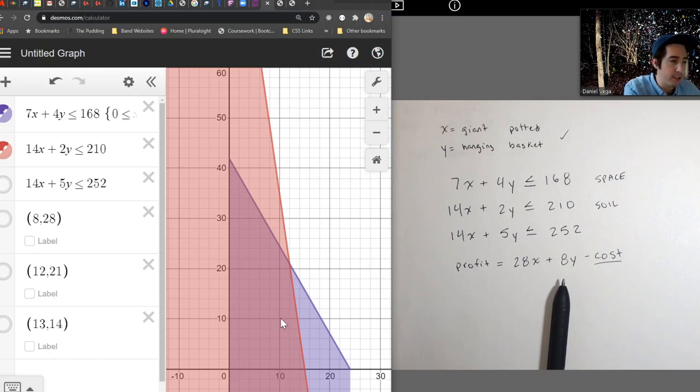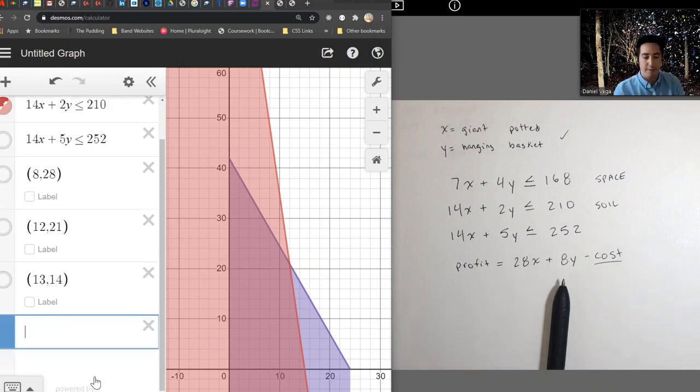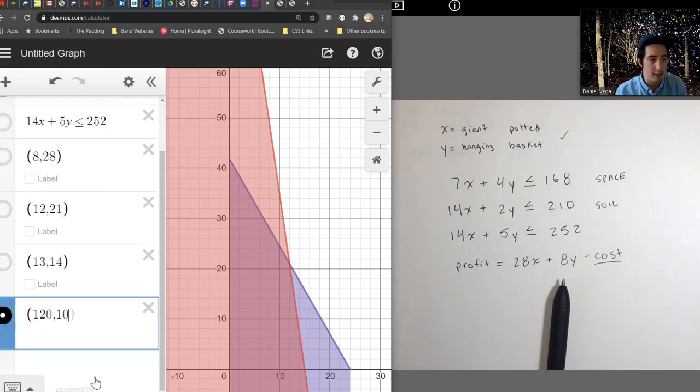But for example, you could easily get 10 of each. If I make that point 10, 10, that's definitely in both shaded areas. So you could have 10 of each plant, and you have enough space and enough soil. That's just an example.